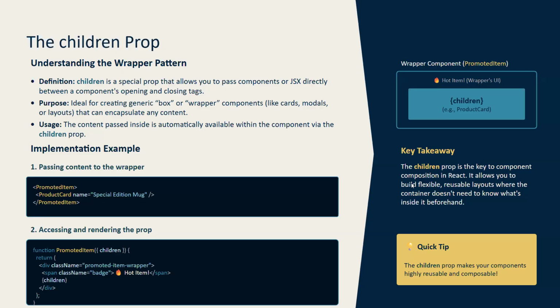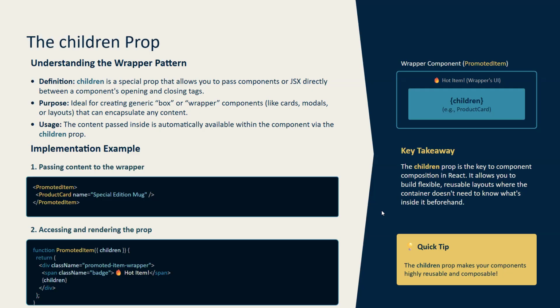In the example at the bottom, the promoted item is the wrapper component, and the card is being passed inside it as children. That means promoted item can add its own UI, like the hot item badge, and then render whatever child content was placed inside.